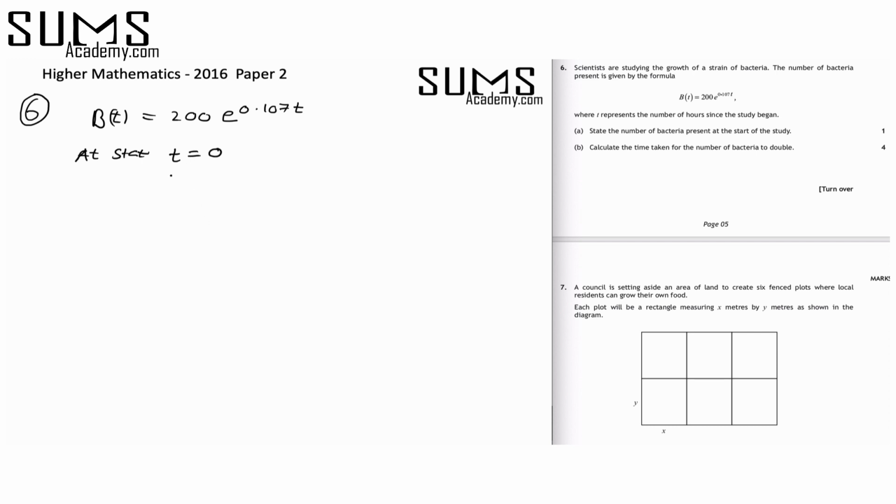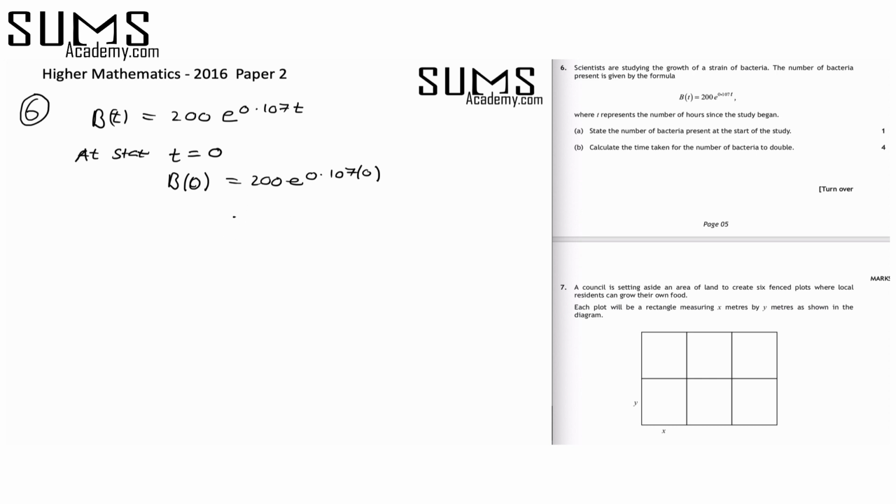So what happens now? B(0) equals 200 e to the 0.107 times 0.